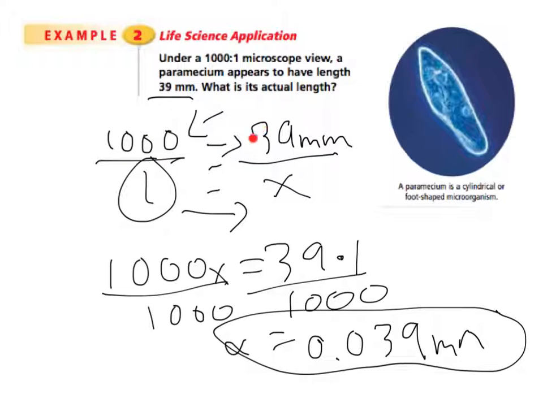Then the enlargement and reduction needs to go on the other side. So you guys have to read these carefully. Okay, so when we read 1000 to 1, we have to know, okay, 1's the original and it gets zoomed in 1000. And then it says it appears to have, and that appears gives us a clue that this is what it actually looks like. So we want to find out what the real size is.